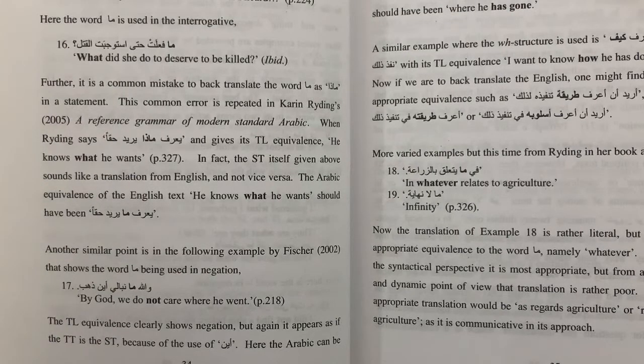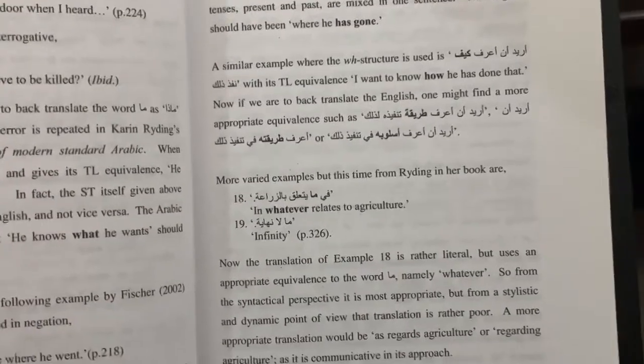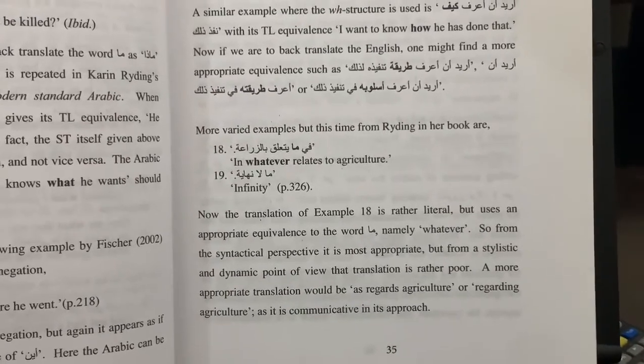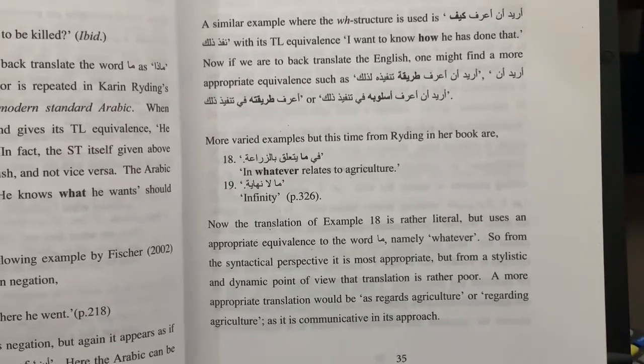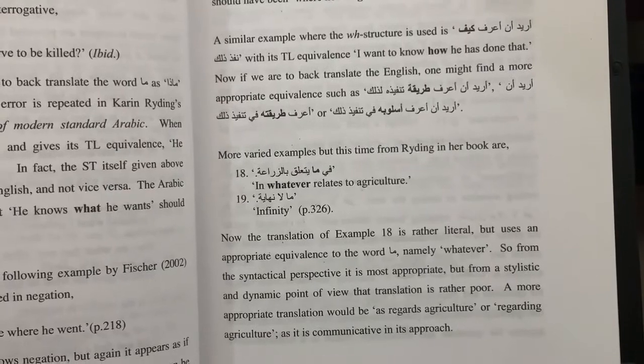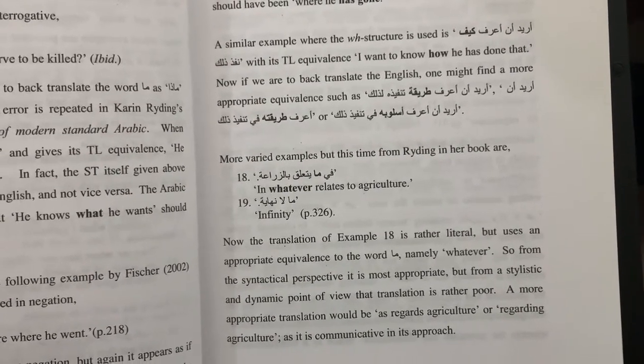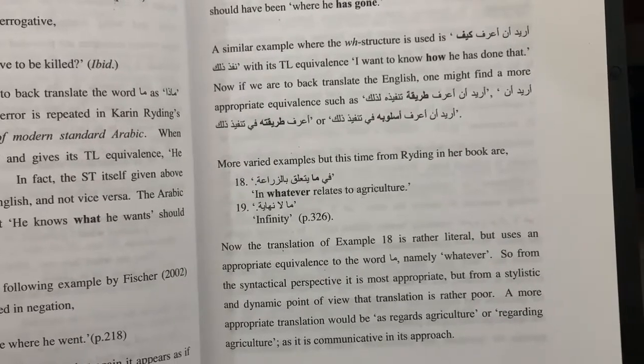Then we have more examples, and that is really interesting as well. فيما يتعلق بالزراعة. Here, of course, more examples, and you can see in whatever relates to agriculture, or as far as agriculture is concerned.